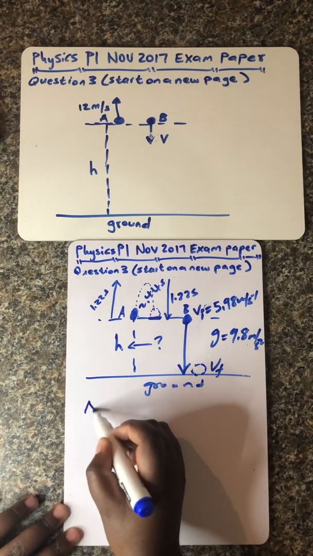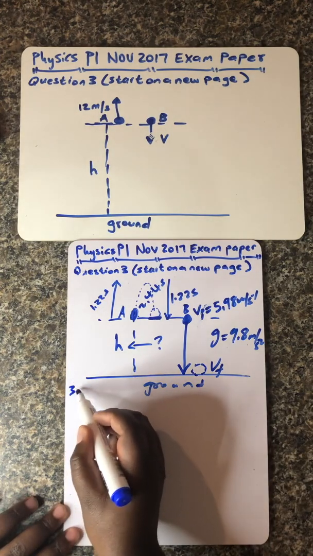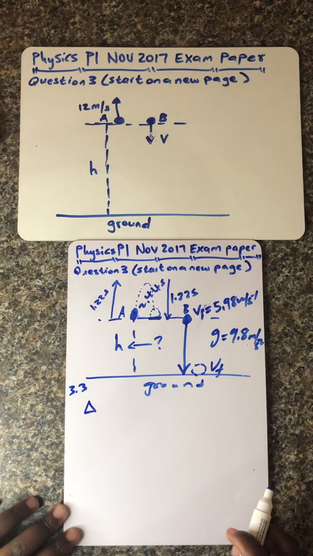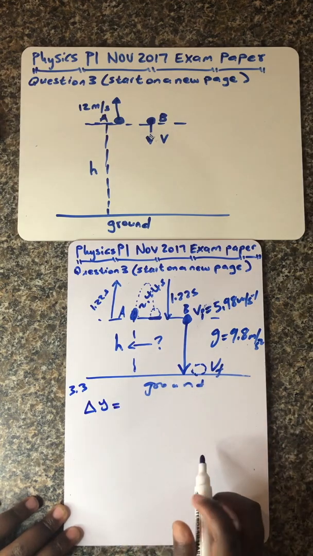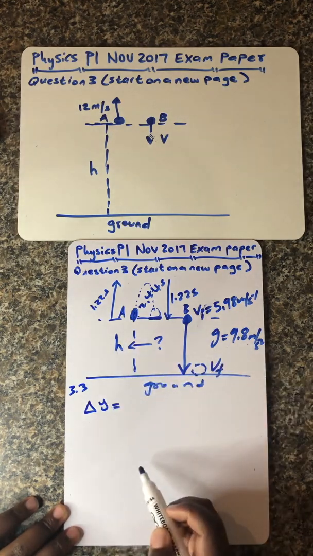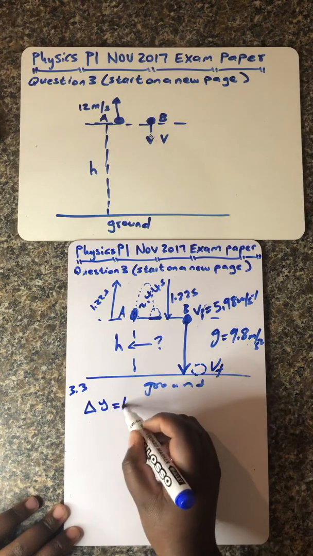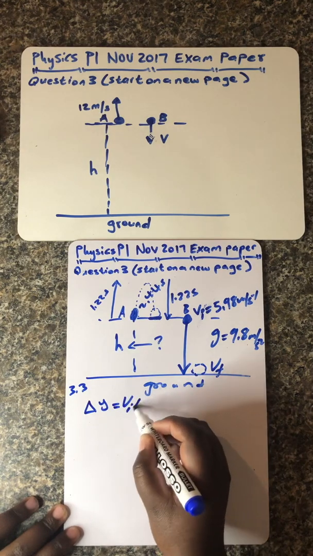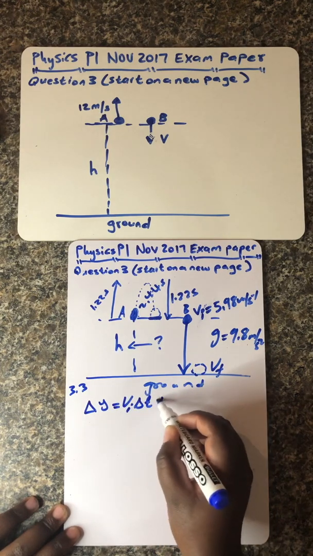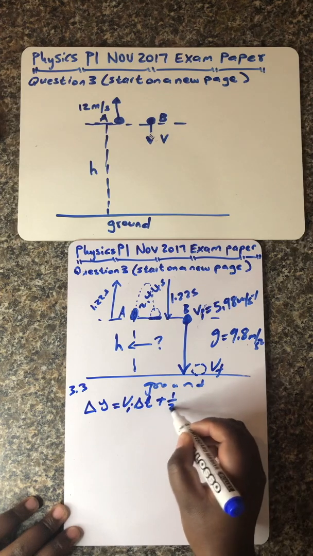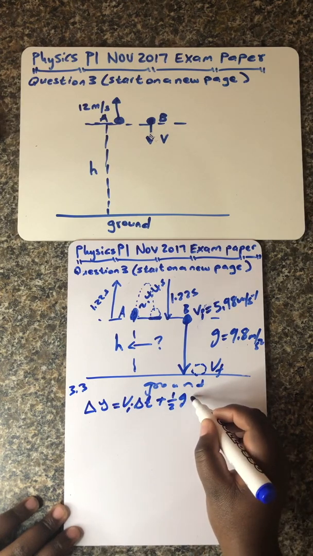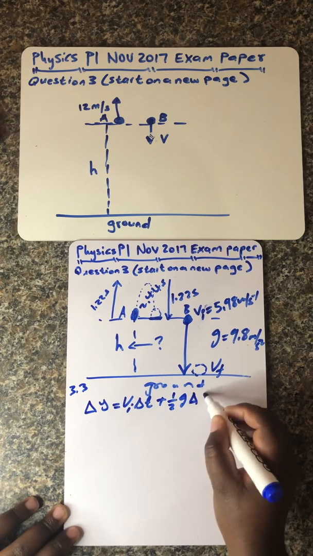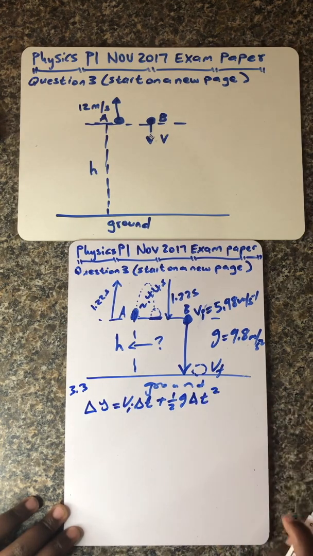So remember, we're on question 3.3, so now we are calculating delta y, which is that h. It's equal to initial velocity times delta time plus half g delta time squared.